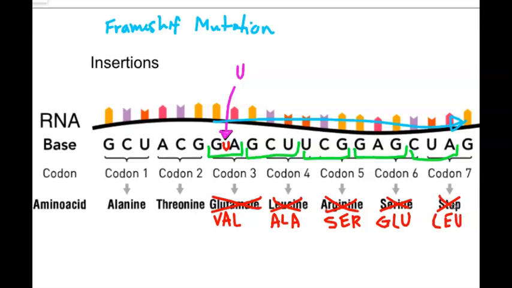Okay, now notice how we no longer have a stop codon there. How is that going to end up affecting our end product? If you said that you think it would just keep on coding for more and more amino acids, then you would be correct. This is going to significantly alter the structure of the protein.